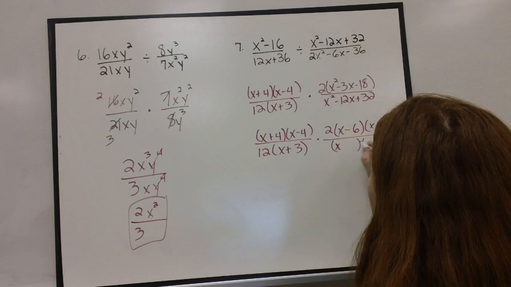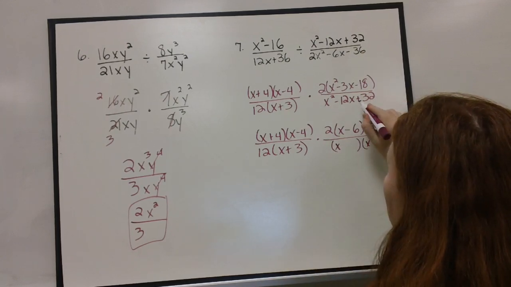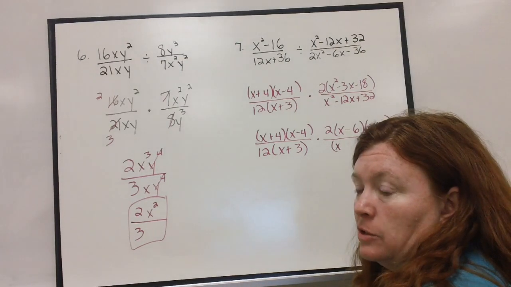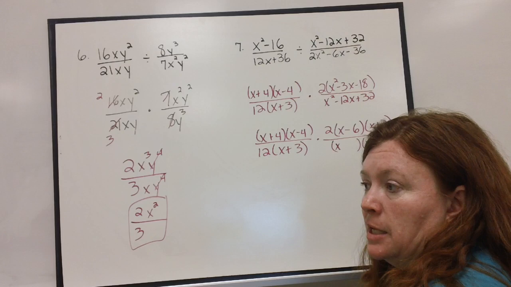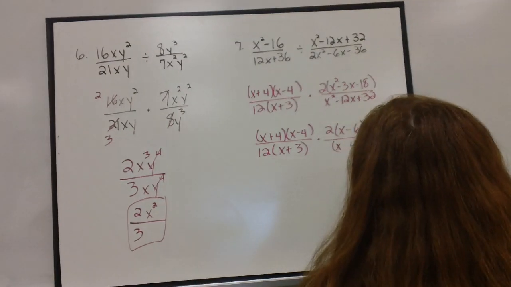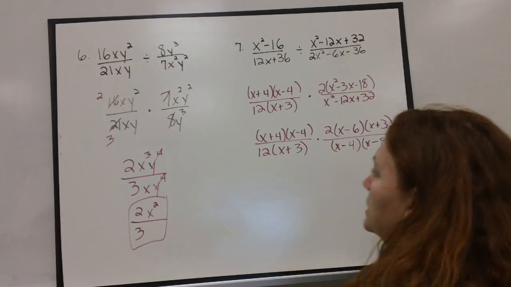X squared is x times x. What two numbers multiply to give me 32, but add up to 12? 1 and 32, 2 and 16, 3, no, 4 and 8. To get a negative 12, though, it's a negative 4 and a negative 8.